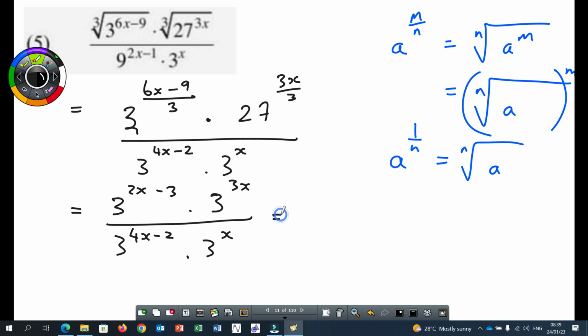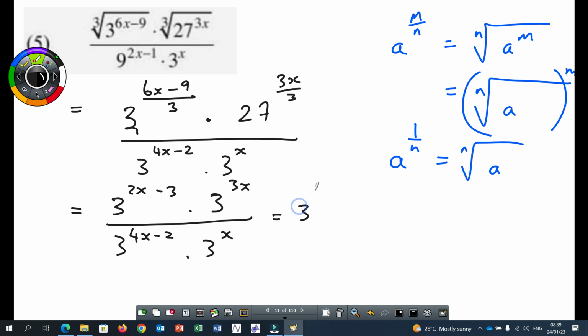Then from here now, I can apply the first law of exponents together with the second law of exponents combined. The base is now the same throughout. Since the base is the same throughout, if the bases are multiplying each other, you add the exponents. If they are dividing, you subtract the exponents.